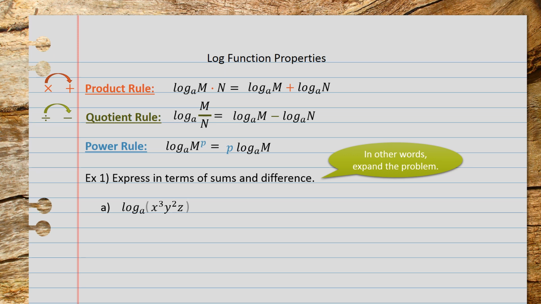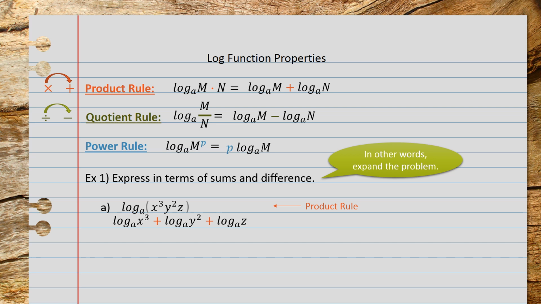So look inside those parentheses. What's happening? Well, since they are multiplying, that means we will apply the product rule. How many values are multiplying? 3. Which means we can expand it. Instead of multiplication, we now use addition, and we will have 3 terms.